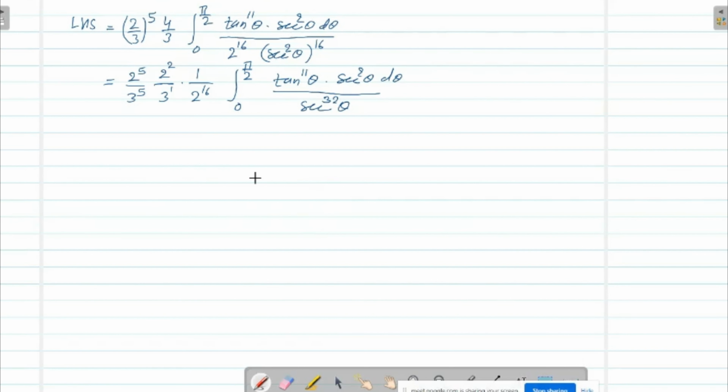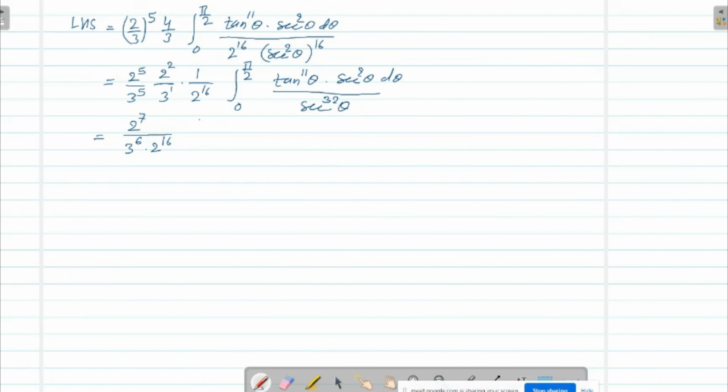Just simplify this. The base is the same: 2 to 2 and 2 to 5 gives 2 raised to 7, divided by 3 raised to 6 into 2 raised to 16.